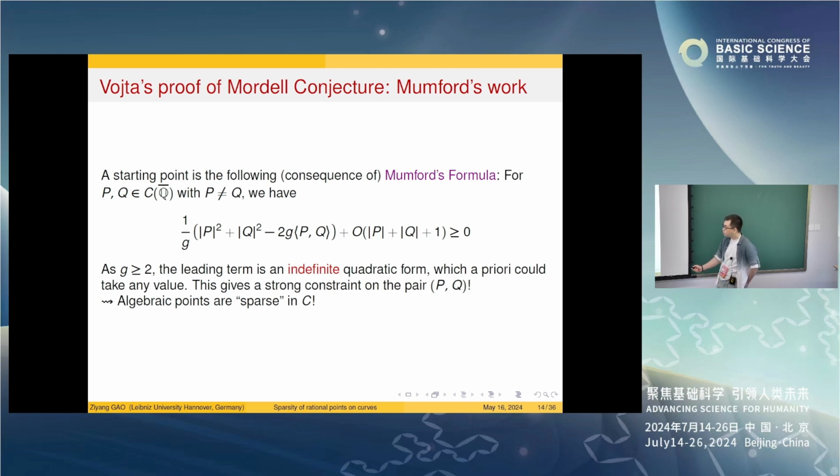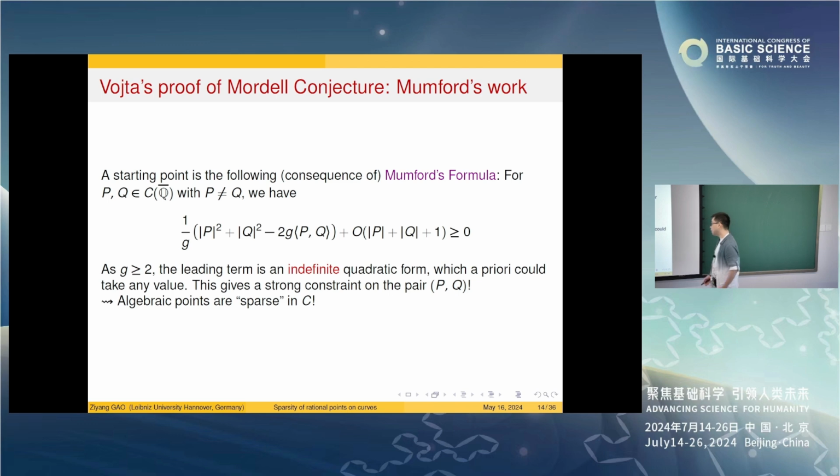And then we have an error term, a lower term, which is p plus q plus 1. It is non-negative. Now let's look at this leading term. When g is 0 or 1, this leading term is positive definite. But when g is at least 2, this leading term is indefinite. It's an indefinite quadratic form.